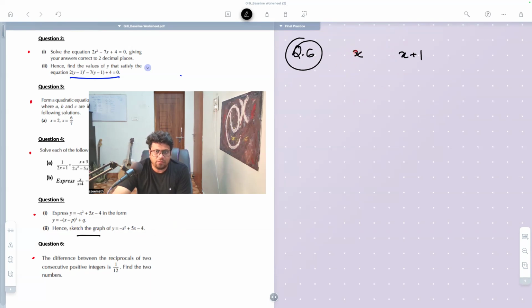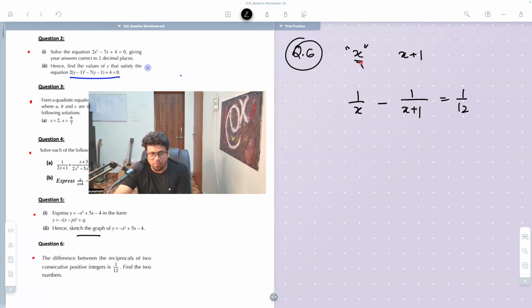If the first one is assumed to be x, its reciprocal is going to be 1 by x. And for this one, it's going to be 1 by x plus 1. That's saying that the difference between the two reciprocals is 1 by 12. Well, there it is. 1 by x minus 1 by x plus 1 is 1 by 12.